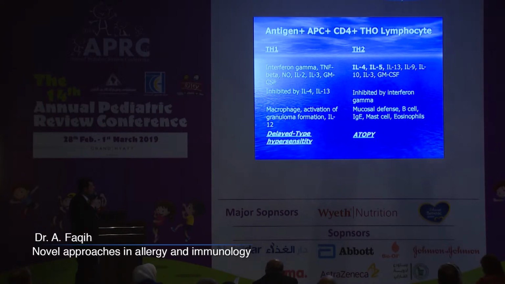Just take two points. The main products of Th2 are interleukin-4, 5, and 13, whereas with Th1 we have interferon gamma, interleukin-2, 3, and GM-CSF, and of course tumor necrosis factor beta, and cross-acting, they both inhibit each other. So you have either a balance towards Th2, which is atopy, or towards delayed type hypersensitivity, which is Th1.